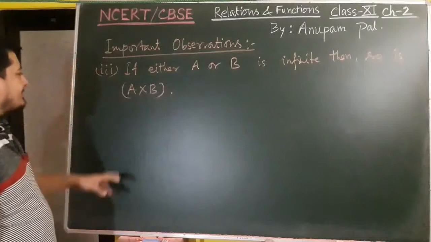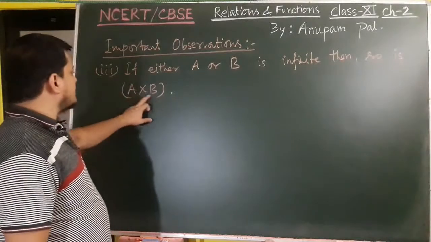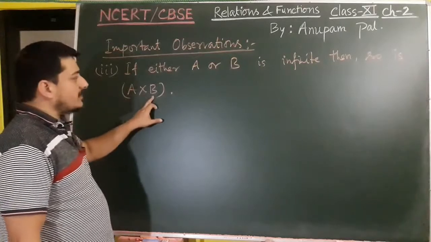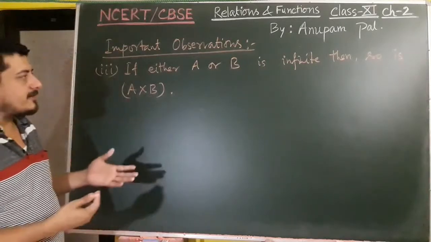It simply means that if any one of these two sets is infinite, then A cross B will also be an infinite set.